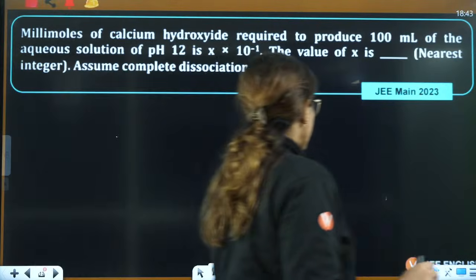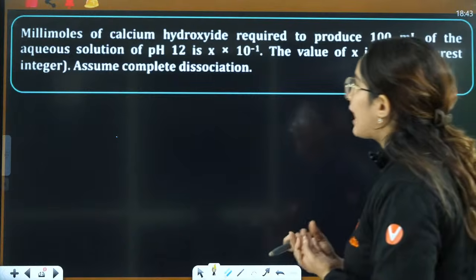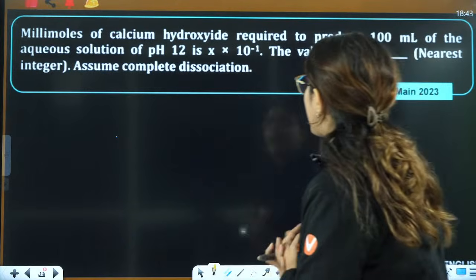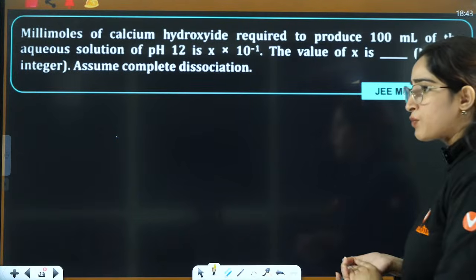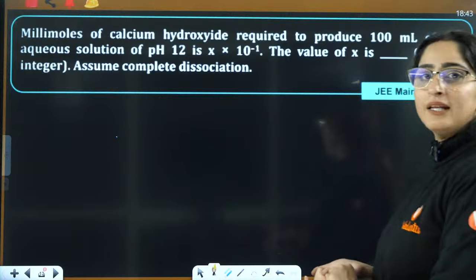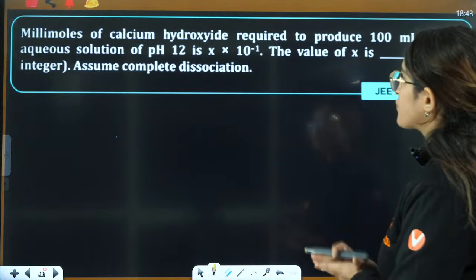Okay. So now the next question is 2023: millimoles of calcium hydroxide required to produce 100 milliliters of aqueous solution. The value of x is what?